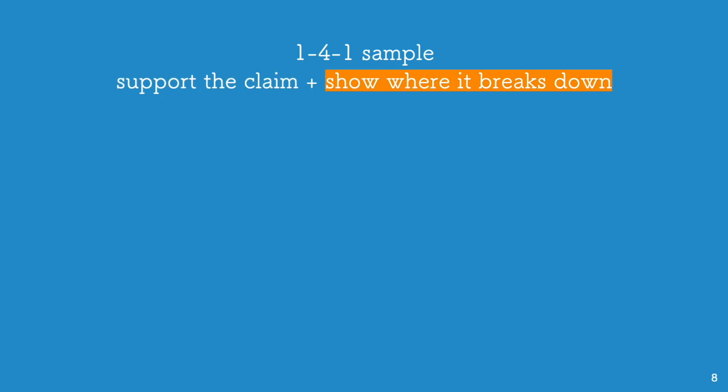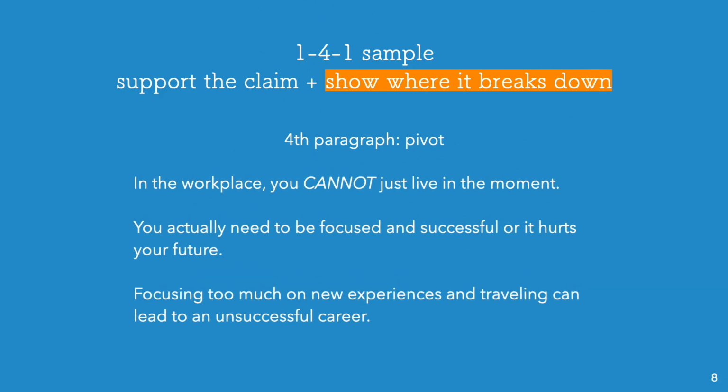But then, and this is where the sophistication really kicks in, look at how the student pivots. "Although it can be fruitful trying to focus more on living the moment, it has its limits." Now the student is pulling back. They argue that in academics and in the workplace, you cannot just live in the moment.